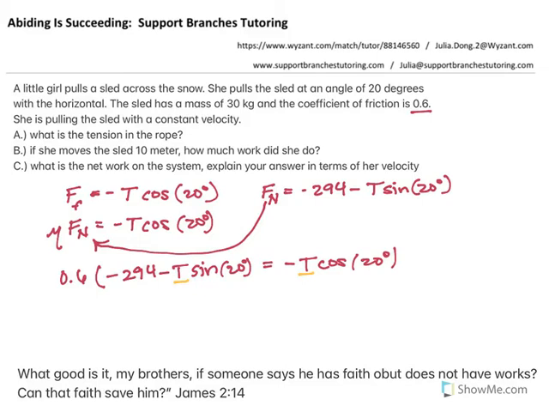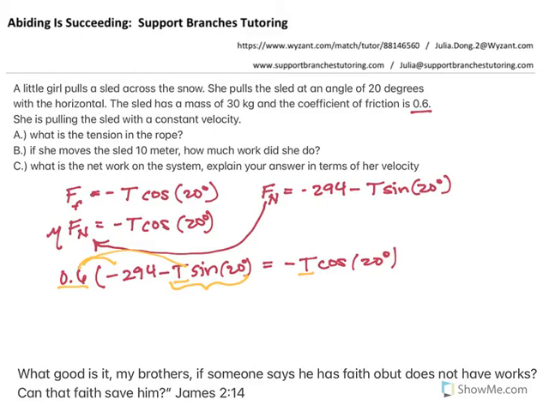To do that, I'm going to move this term to the other side of my equation by adding it, but we would also have to multiply out the 0.6 first. So let's distribute the 0.6.